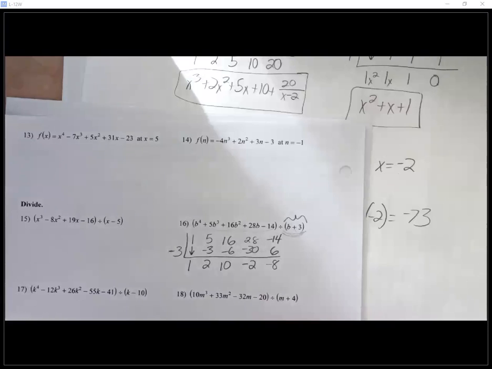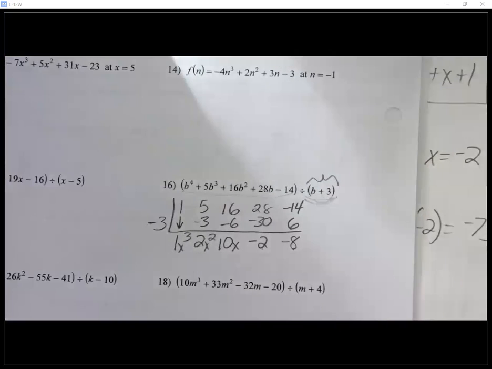So remember how it works. The last number is your remainder. This number is the constant. And then you start with the x's. So that's x to the first, x squared, x to the third. So when you write it all nice and neat, it's going to look like the following. You ready?